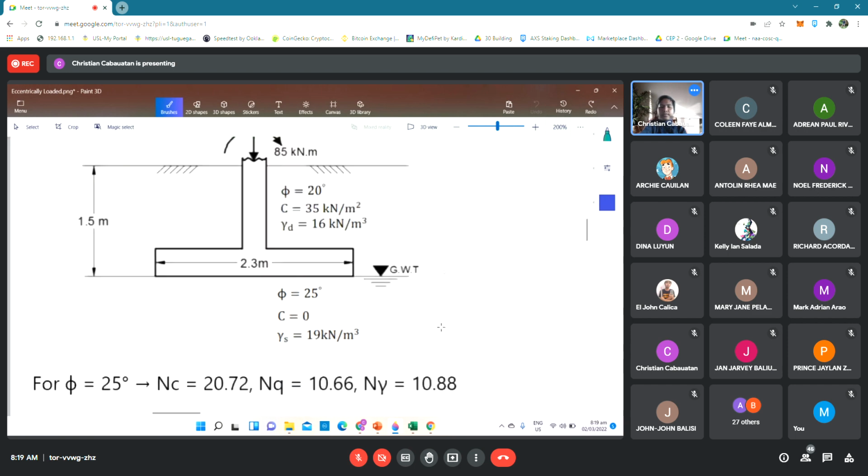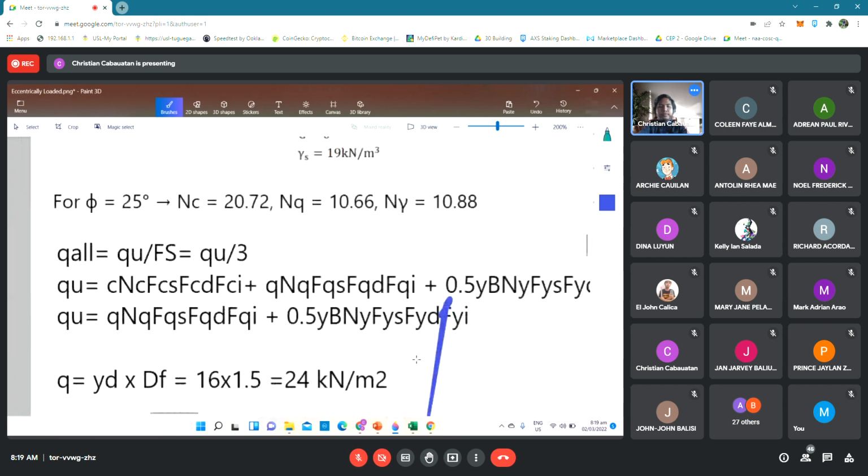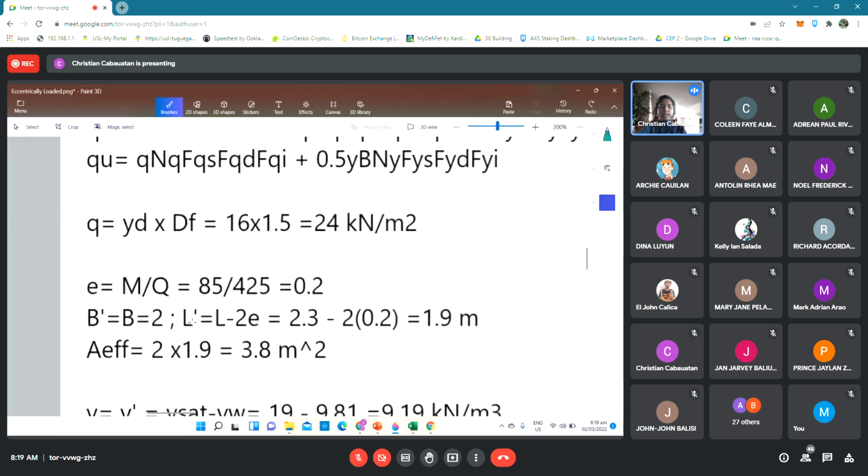Okay? Therefore, if the eccentricity is in the axis of the length direction, ang kanyang B prime would be the same, kasi hindi naman doon umikot si eccentricity, there is no effect, okay?